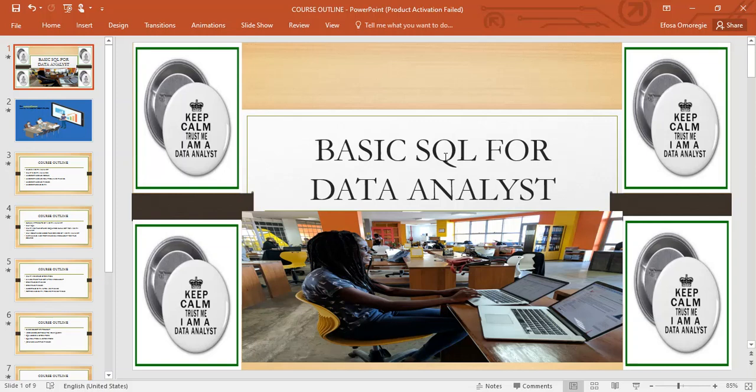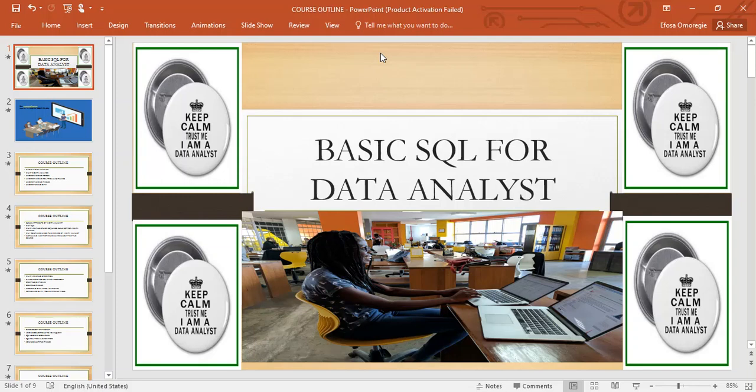To fetch data from a database, to pull data from a database, to retrieve data from a database, you need to know structured query language. So, as a data analyst as well, what you want to be doing is to acquire data, to extract data, to gather data from relational tables where they are, and you want to manipulate and transform that data to be able to draw useful business insight from it.